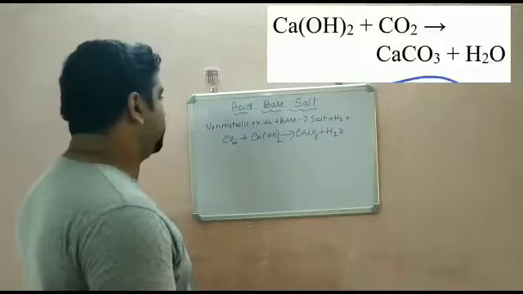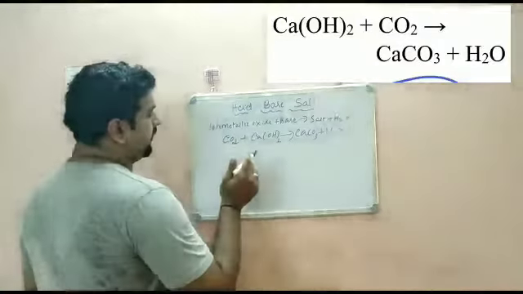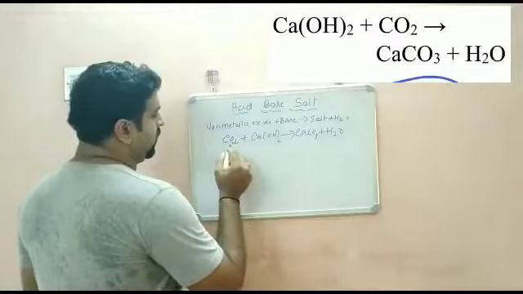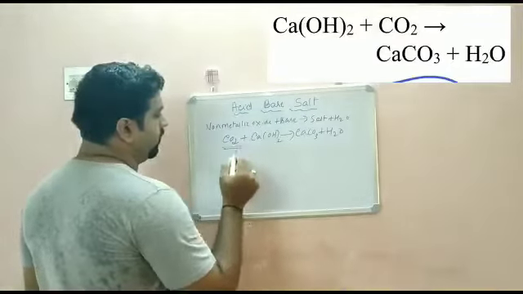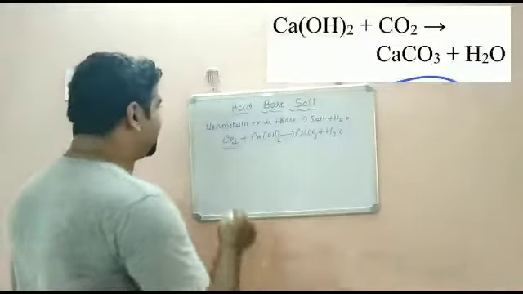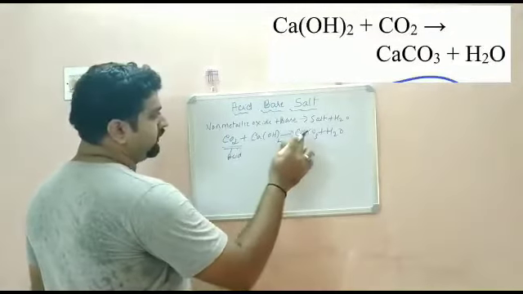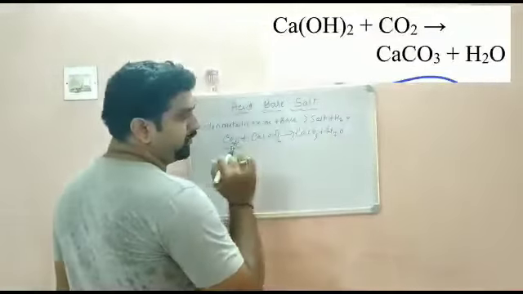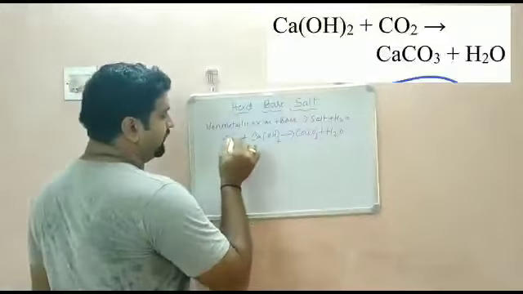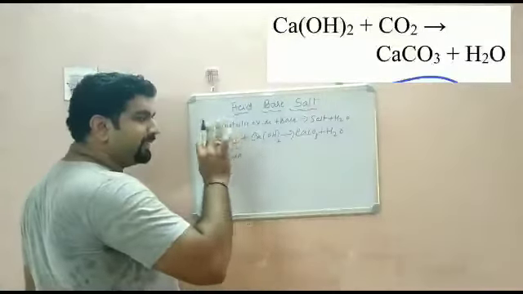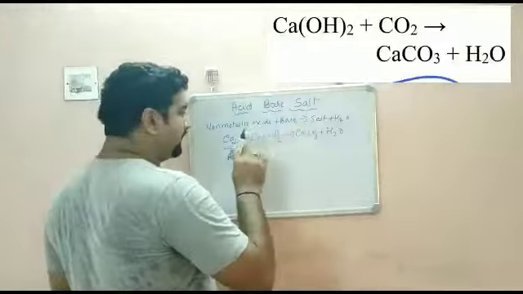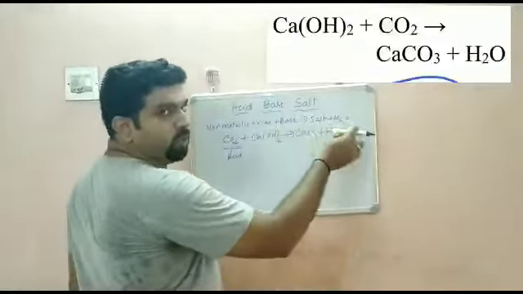Here if you see, this non-metallic oxide CO2 acts as an acid. Why? Because it is again giving us salt and water. Here we already took a base, so this is nothing but an acid, because acid and base give salt and water.